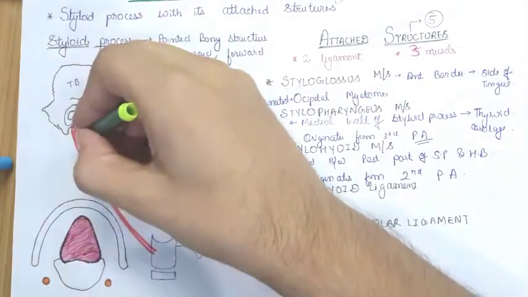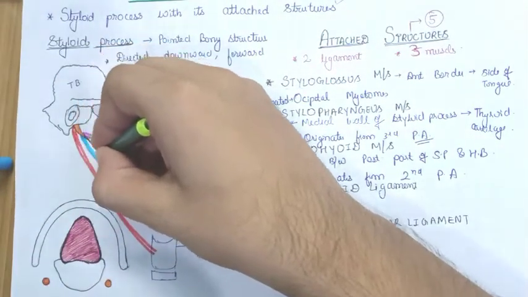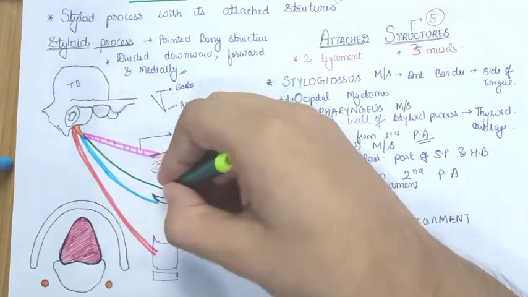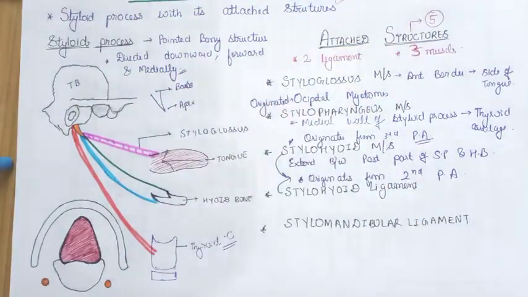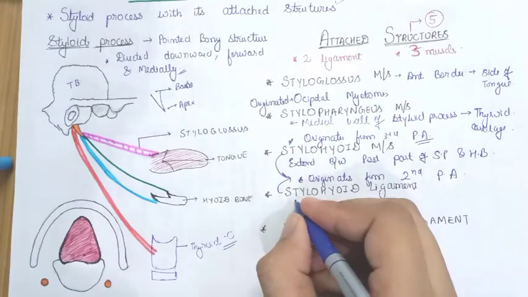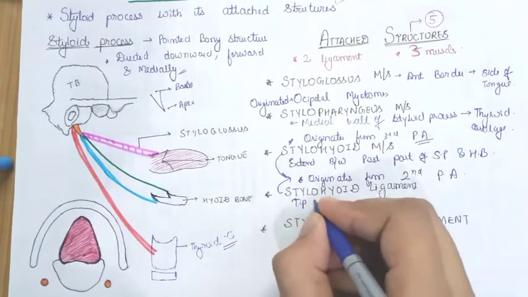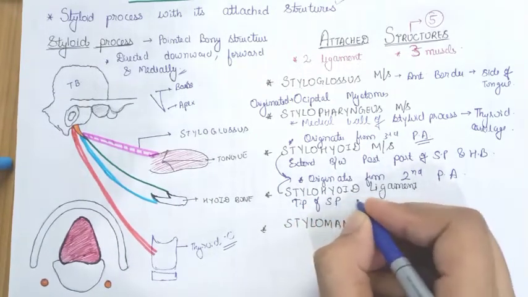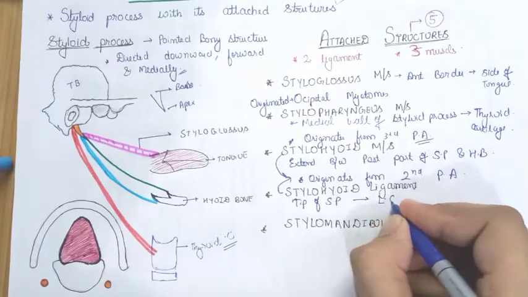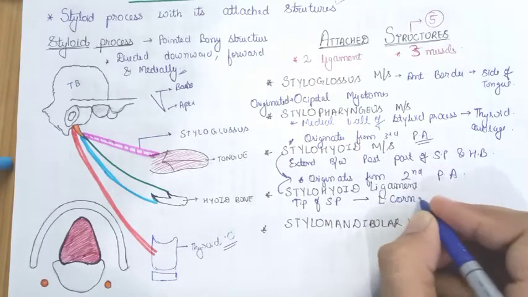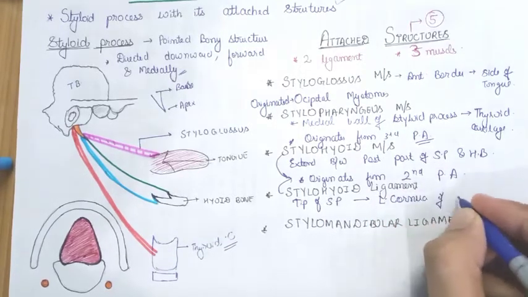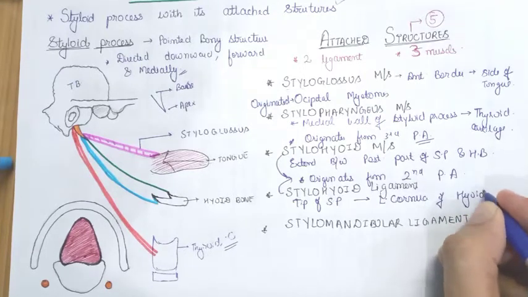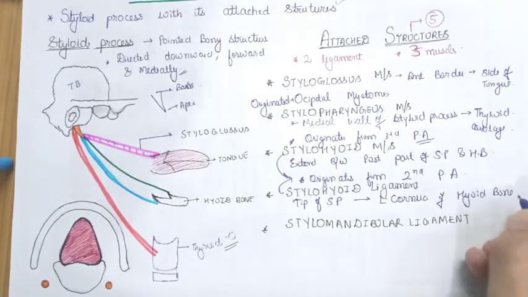So it extends from the tip of the styloid process to the lesser cornua of the hyoid bone. Hyoid bone video I will be uploading very soon.